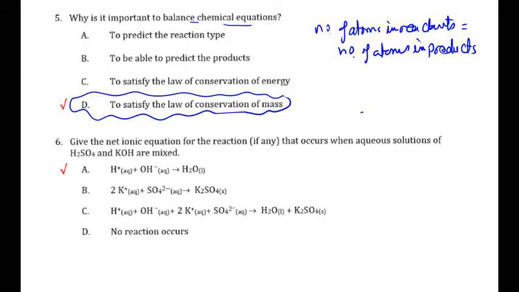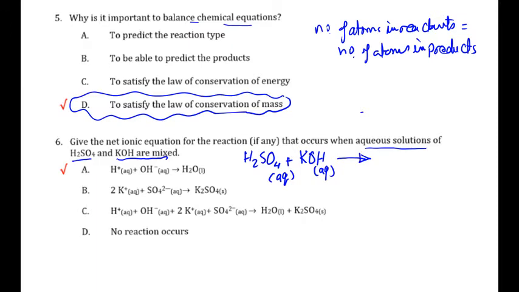This question asks for the net ionic equation for the reaction, if any, that occurs when aqueous solutions of H2SO4 and KOH are mixed. It's very clear that this reaction is between an acid, H2SO4, and an alkali, which is KOH. Both of them are aqueous.